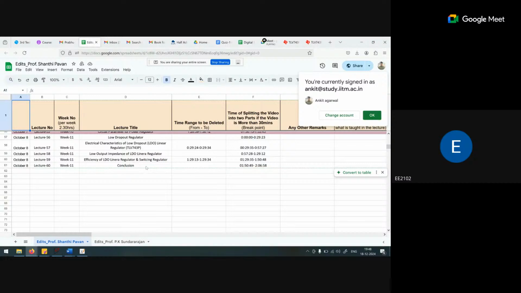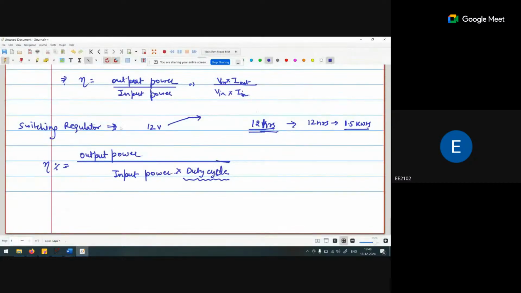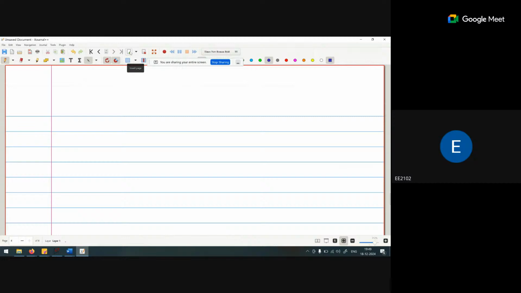And in the last lecture, I think the professor discussed one model system, C30 I think, where a teardown will be shown to you.